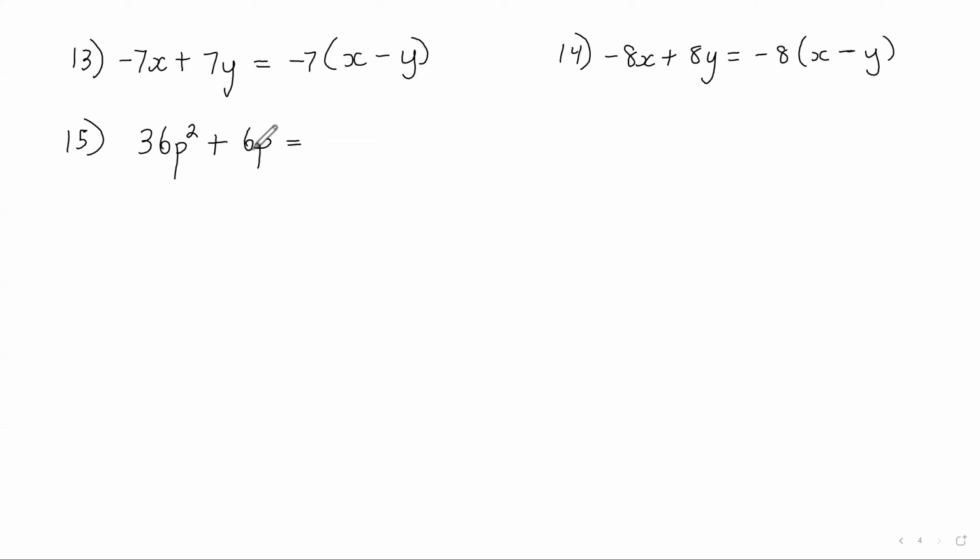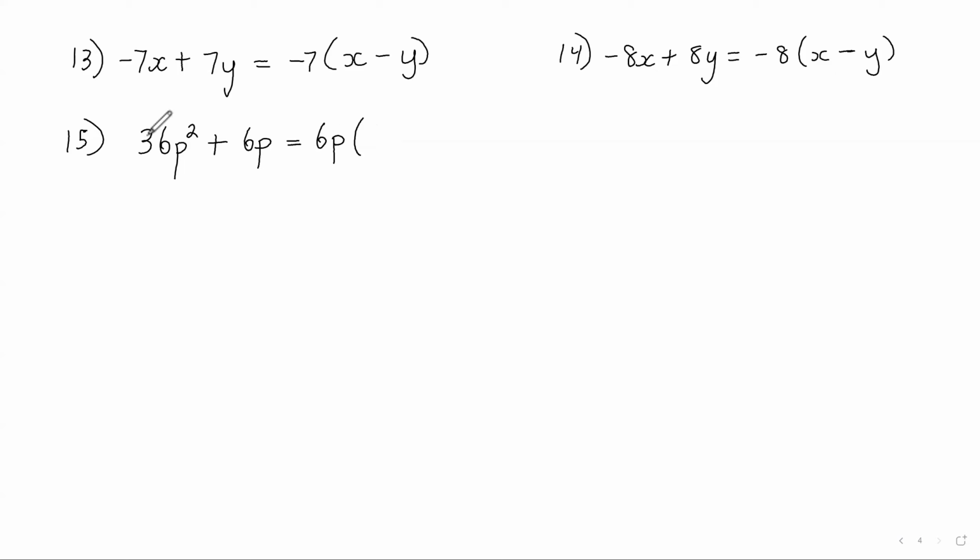You have to multiply it by p. Well, let me help you out. The highest common factor here will be 6p. The reason is that 6 can go into both 36 and 6, and then it will be p because p can go into both p and p squared. So we now factorize.